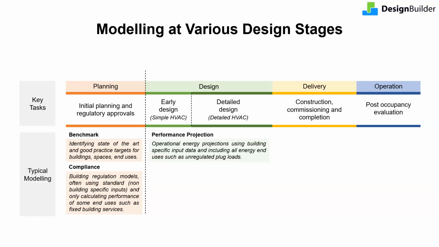Most of the modeling we typically do, that is performance modeling, which is the key topic today, happens during the design stages. And as the design evolves, the model evolves and gets customized to the project specific details. In this webinar, we are focusing on this type of performance projection modeling.